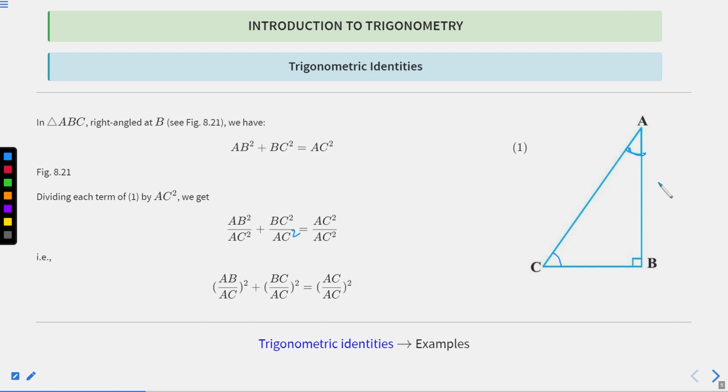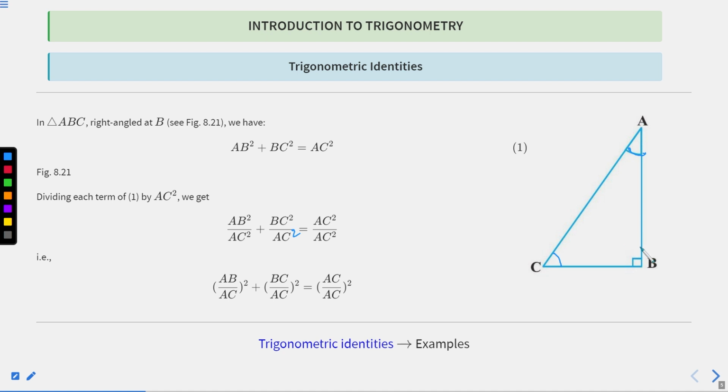According to this angle, this side is adjacent to angle A, that is AB, and the side opposite to angle A is BC. So for the term (AB by AC) whole square, this is actually cos square A.